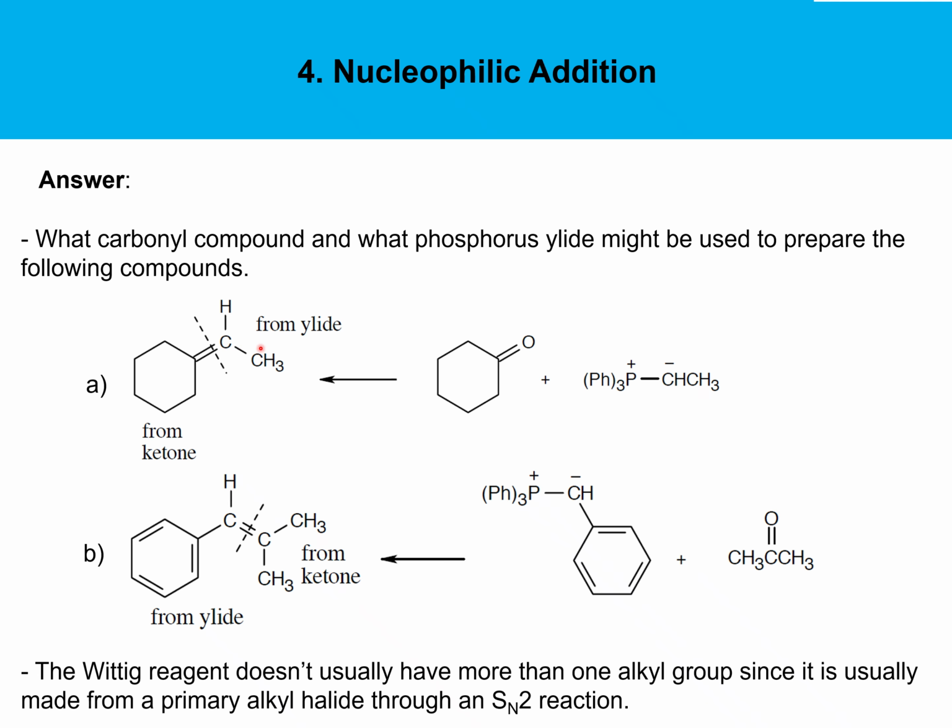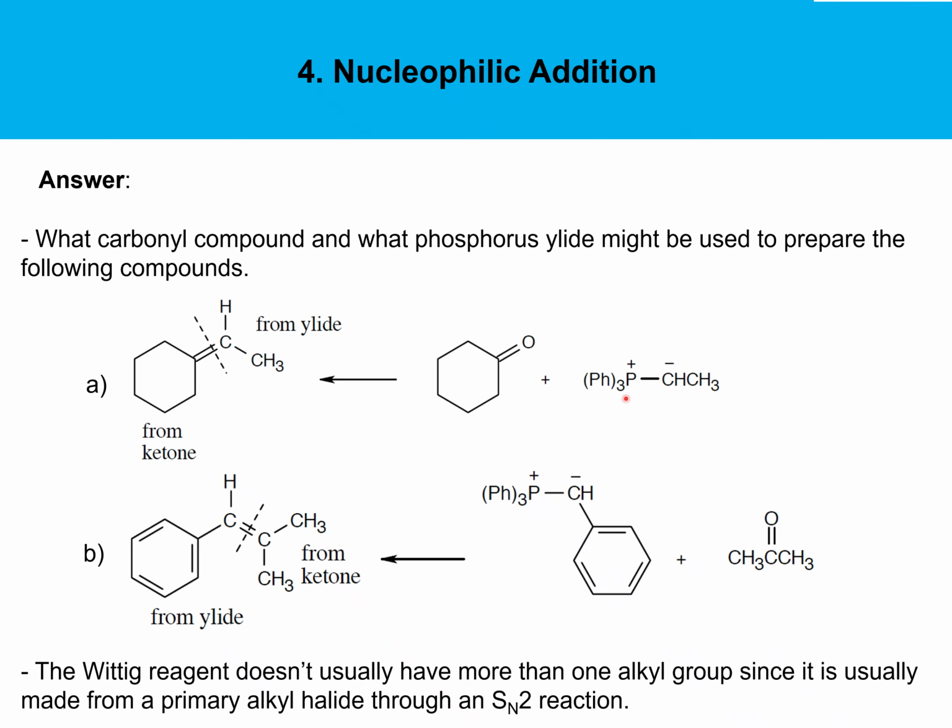So as you can see here, we would do this reaction from cyclohexanone and the following ylide. The ylide always has triphenylphosphine attached to the alkyl group that we're going to add to the carbonyl. Now, you might recall that Wittig reagents are typically made from an SN2 reaction.